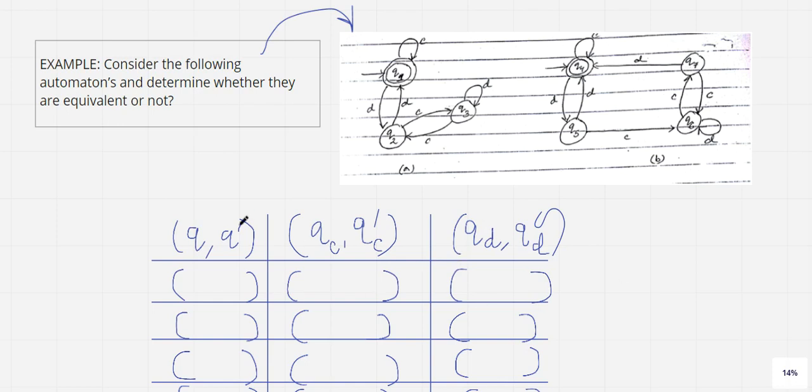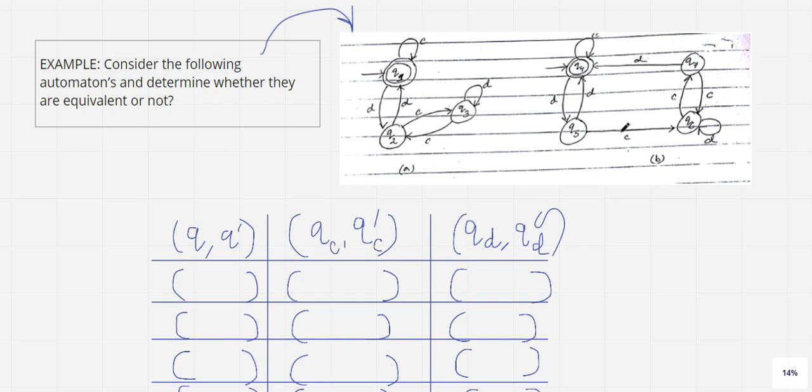How to do it? With the help of a state transition table, where I have q and q dash. Q comprises the states of machine A, and q dash comprises the states of machine B. Since C and D are the inputs, we can carry forward for equivalence, because if both machines have different input symbols, then we can stop there and say that those two machines are not equivalent.